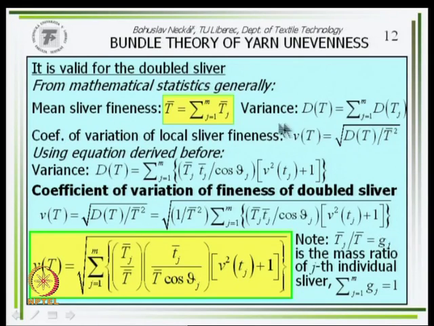Using these expressions, especially for variance, because Vt is the square root of dispersion by mean value squared, we obtain dt using the equation derived in the last slide.